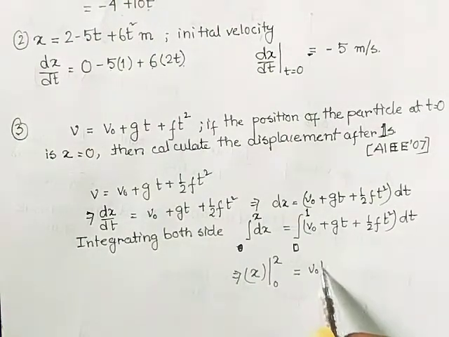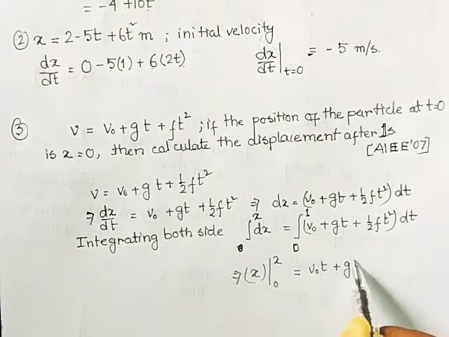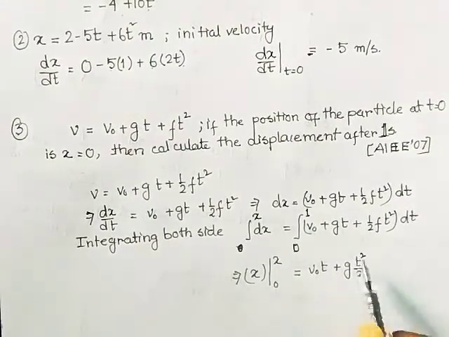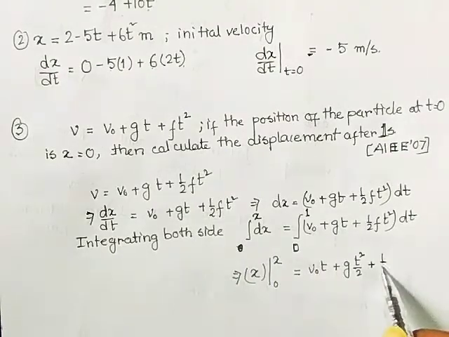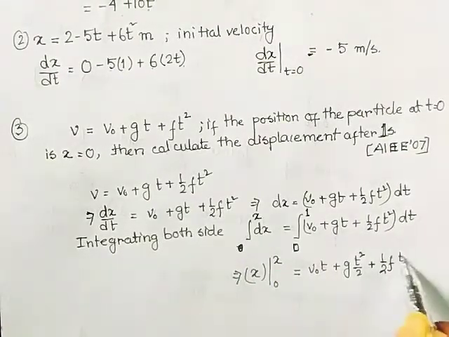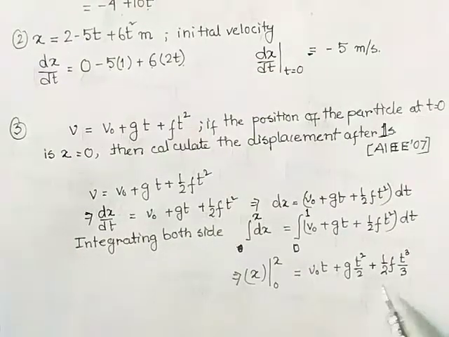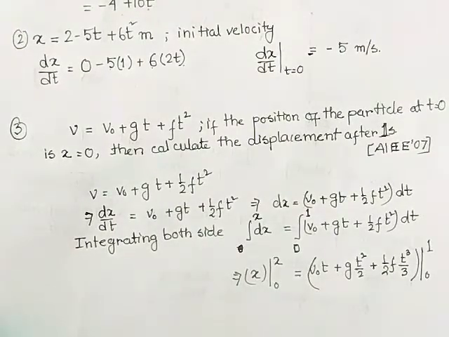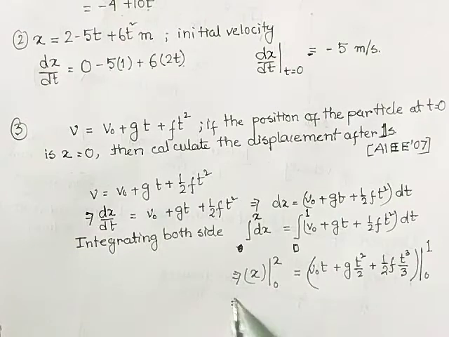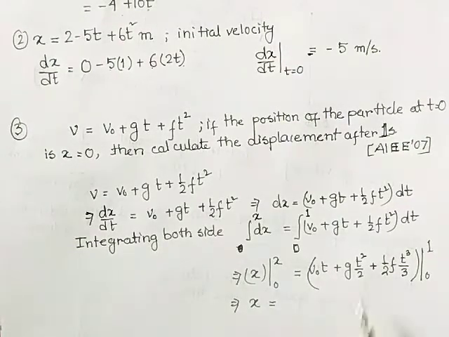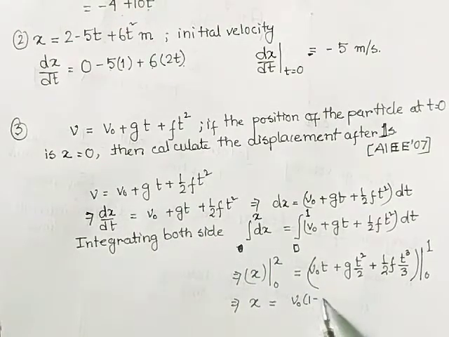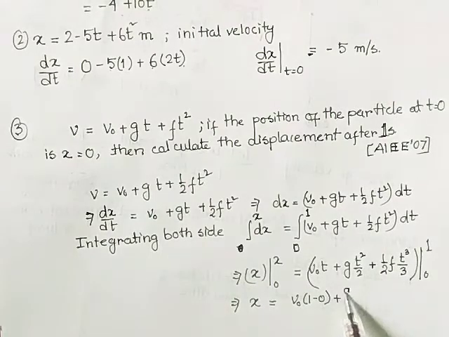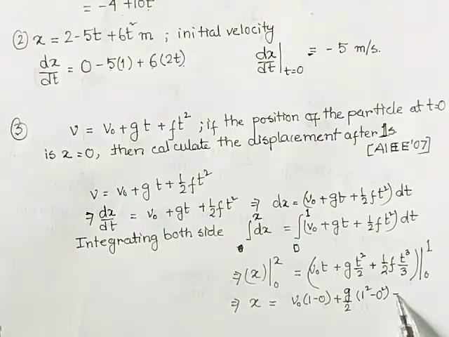It will be V naught into t plus g. T integration, after that integration t becomes t squared by 2. 1 by 2 f is constant, and t squared becomes t cube divided by 3. So if I now put the limits of the integration, then just see what will become. It will be x, it will become V naught, t is 1 minus 0, g divided by 2, t square, that is 1 square minus 0 square.